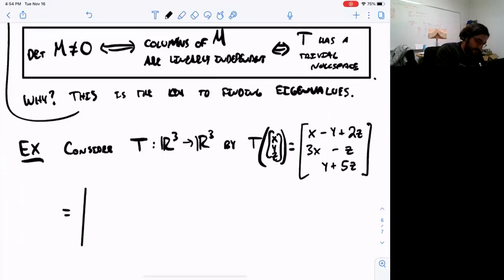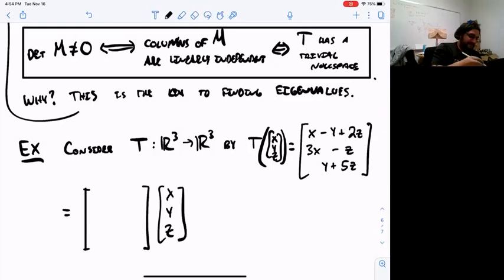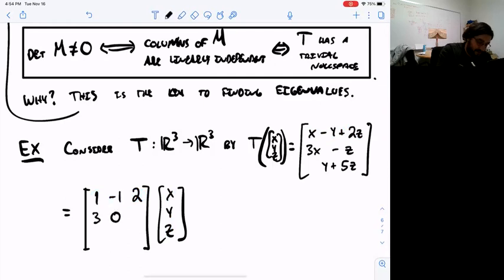Well, just kind of rip off the coefficients, right? So just say 1, minus 1, and 2. Those are the numbers I would need in order to take, again, think dot product, to take this and this as a dot product and end up with that. So that's why I'm doing 1, minus 1, 2. Then next row, 3, 0, minus 1.